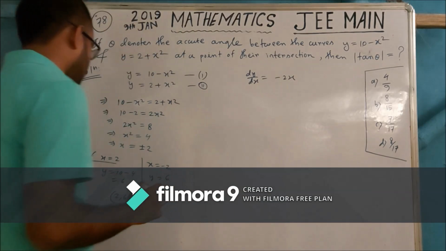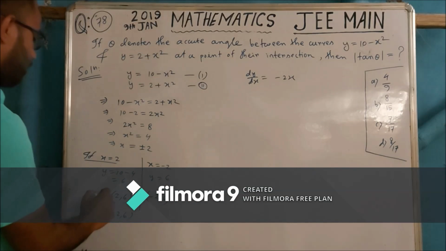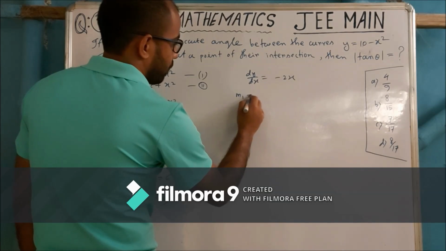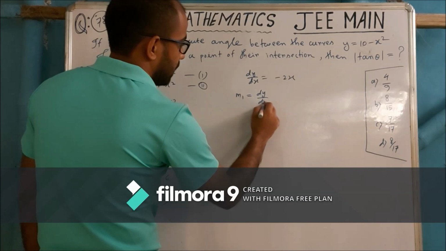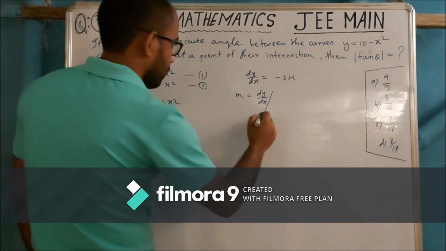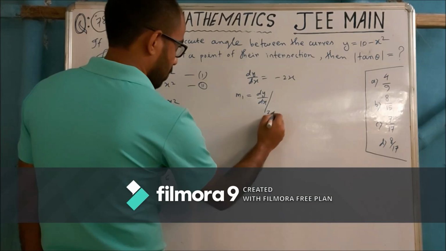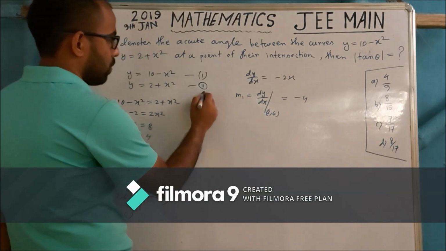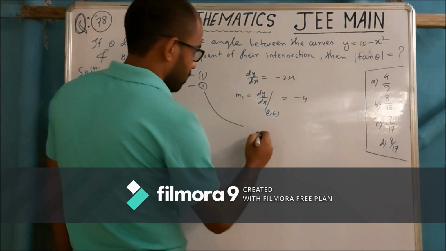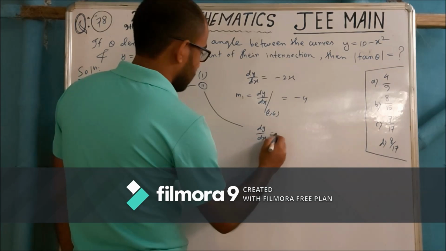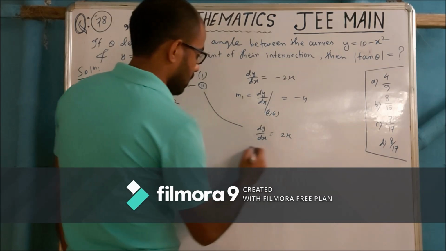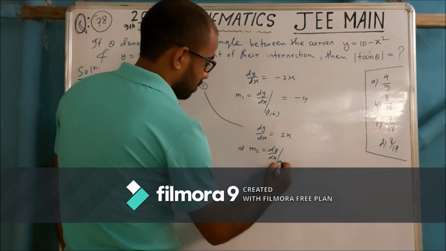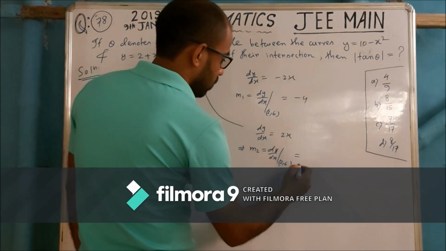Now at the point (2, 6), m1 equal to dy by dx at the point, we get minus 4. Similarly, we differentiate this equation, dy by dx is equal to 2x, and this is called m2 at the point (2, 6). This value will be 4.